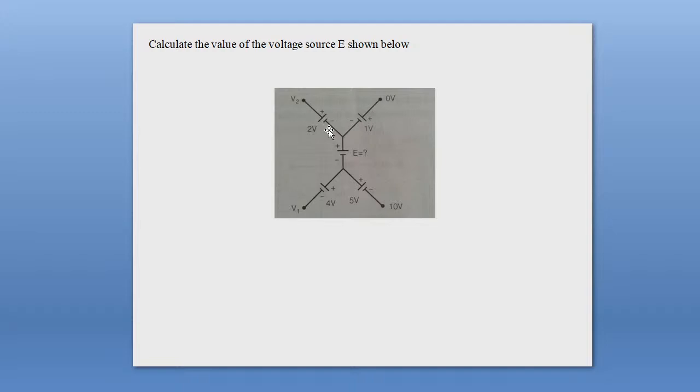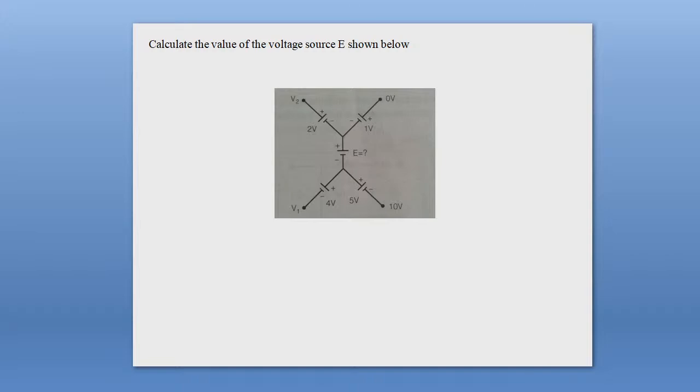If you consider the leftmost path, then you can see that there are three unknown quantities: V2, E, V1. But if we consider the right side path, that is 0 volt, 1 volt, E, 5 volt, 10 volt, then we can say that for this path only one quantity is unknown, that is E.